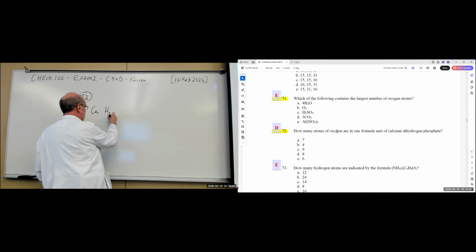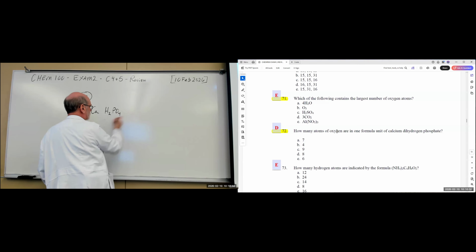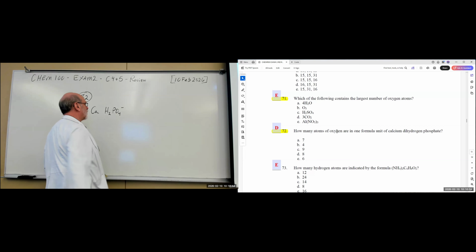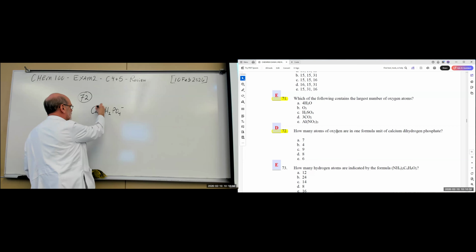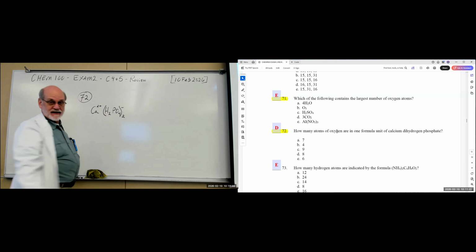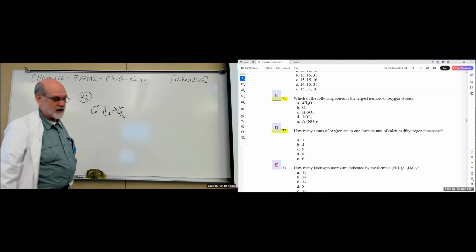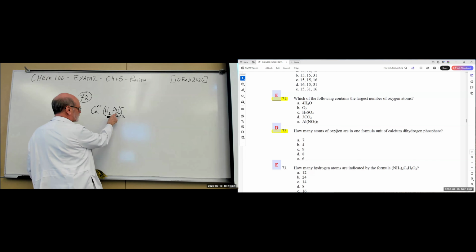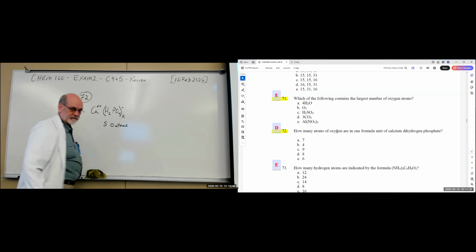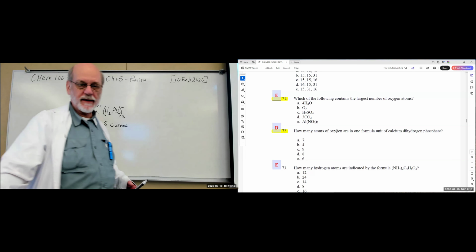Dihydrogen phosphate. What's the charge? It's a -1. This is a 2 plus. So that means we need 2 of these to balance those 2 pluses. Now we can answer the question. How many atoms of oxygen? There's 4 in this unit, but there are 2 of them. So there are 8 oxygen atoms. Okay.